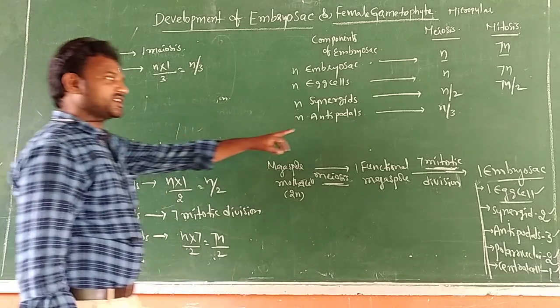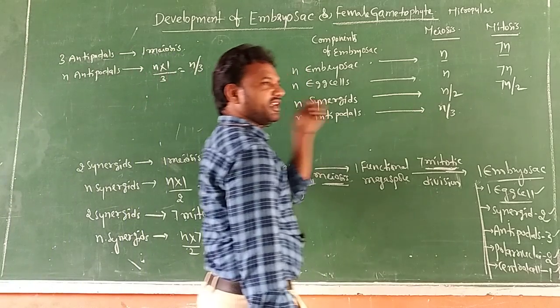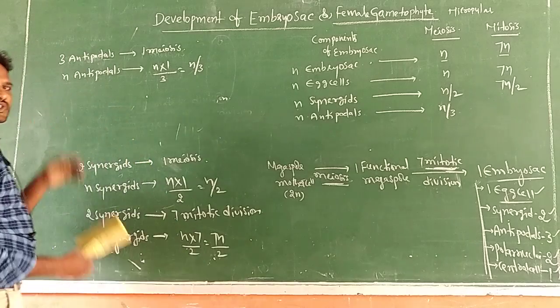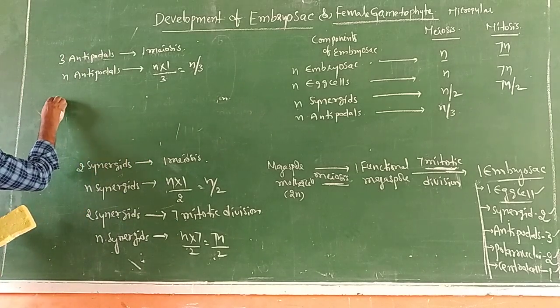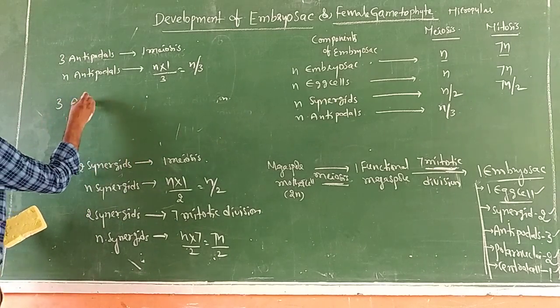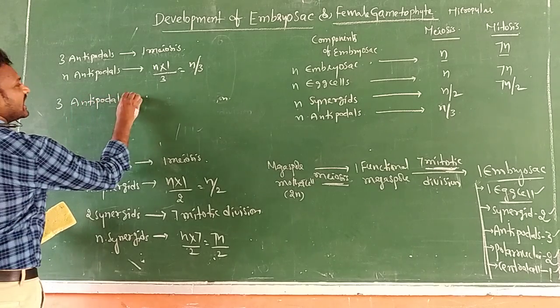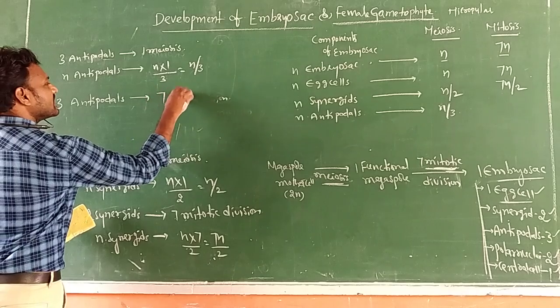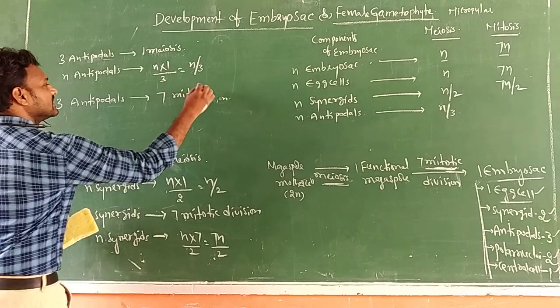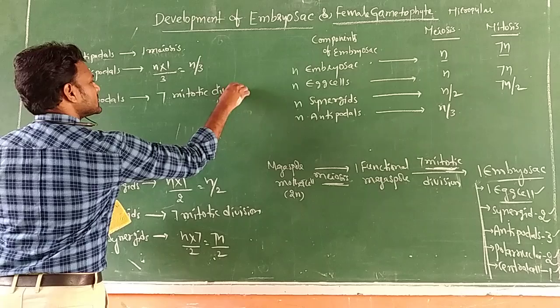So for the formation of n antipodals, n by 3 meiosis must be required. Similarly, 3 antipodals require 7 mitotic divisions.